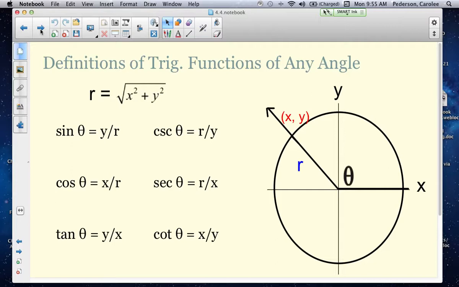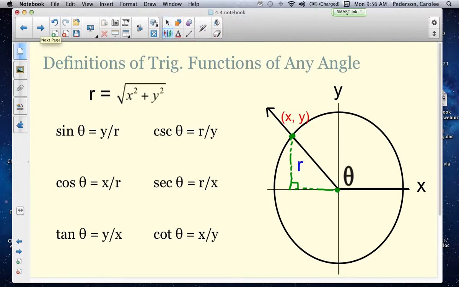So I'm going to draw a picture of a right triangle. I'm going to take this point, x comma y, where that angle falls, and I'm going to drop down and then go across to the center. This forms my right angle.